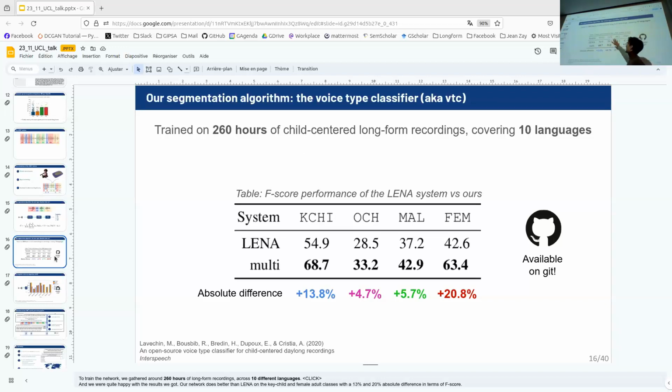Other child and male classes are in the minority in our datasets and in long-form recordings in general. It depends on the culture. Some of the data from Marisa's field work, where she studied communities in Papua New Guinea and Mexico, show that these children hear more input from other children than from adults.